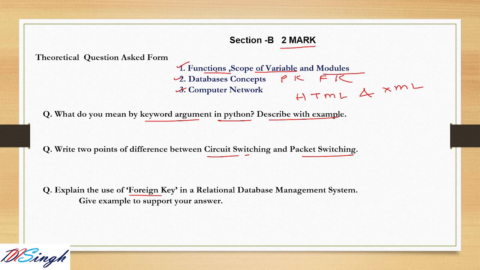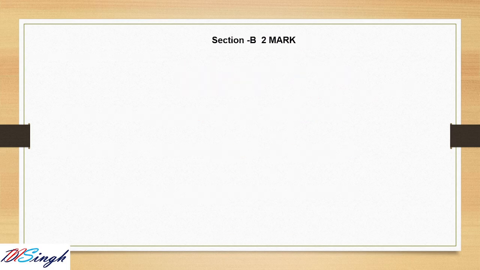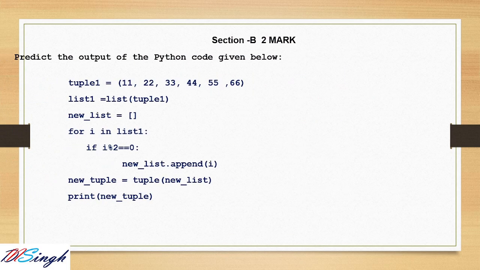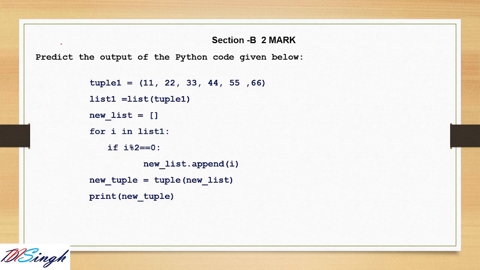Let us move ahead and see the different categories. This particular type of question is like: predict the output for this Python code given. So they will give some code here and you have to write the output. Remember, try to write the output always, because in output also stepwise marking is there.